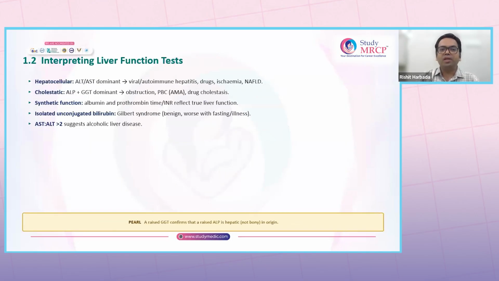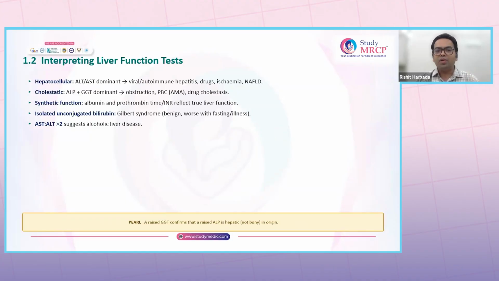The first one is LFTs. We all know liver function tests. When we are given a problem, we are given certain values, and based upon those values, we have to interpret whether the patient has a problem, and if so, what kind of problem it is. Whenever you see a liver function test, you will see bilirubin, with two important components, direct bilirubin and indirect bilirubin.